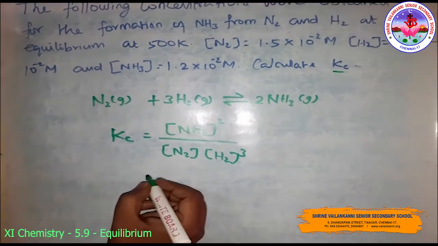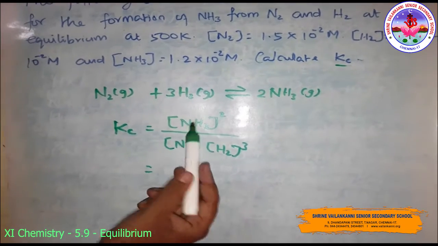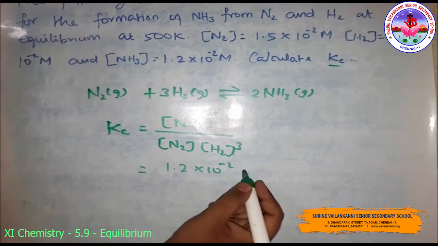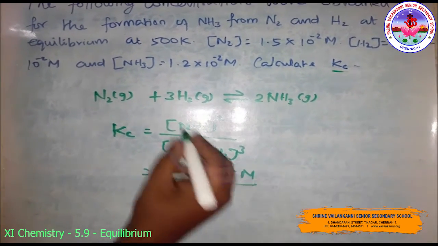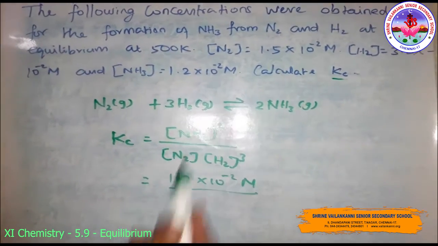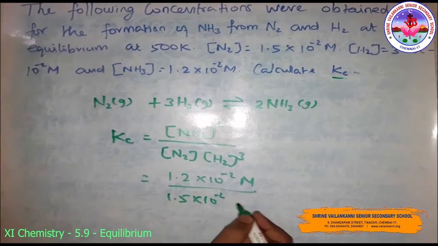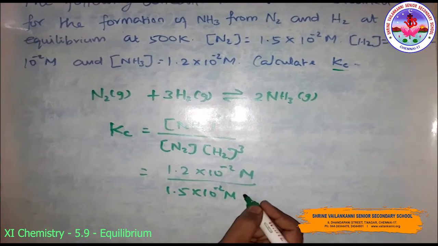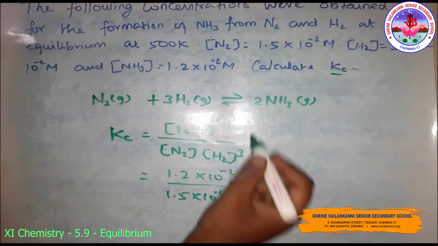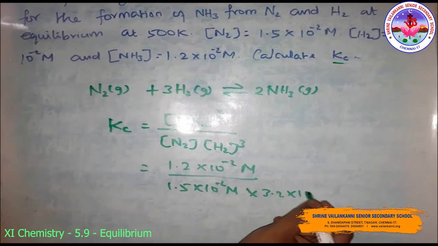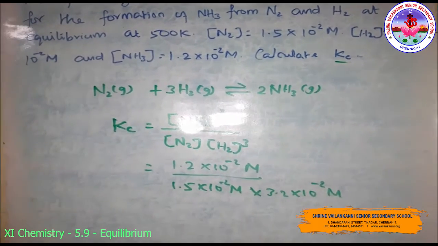Then what is the concentration of ammonia? 1.2 x 10^-2 molar, divided by nitrogen 1.5 x 10^-2 molar, then into hydrogen 3.2 x 10^-2 molar.